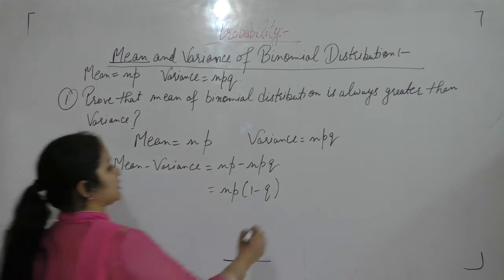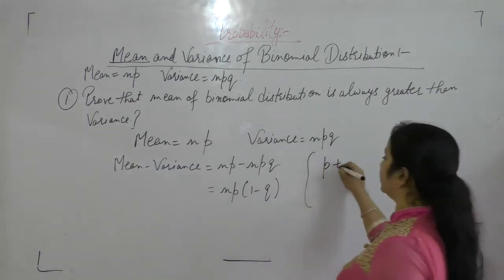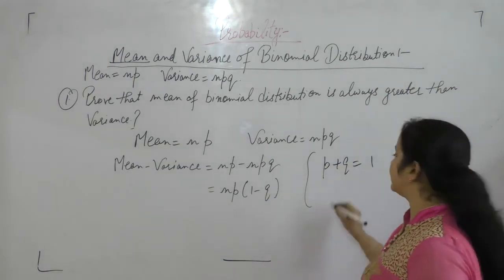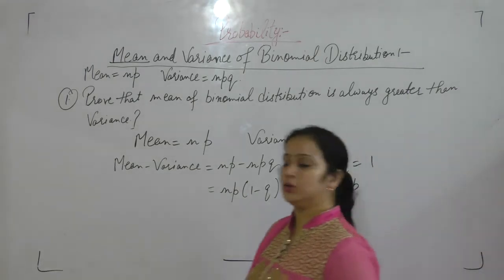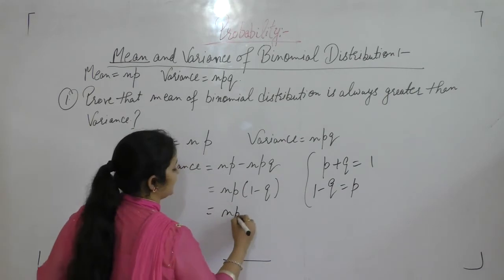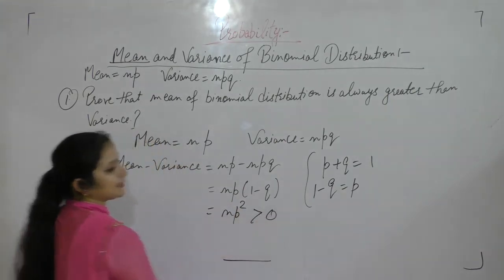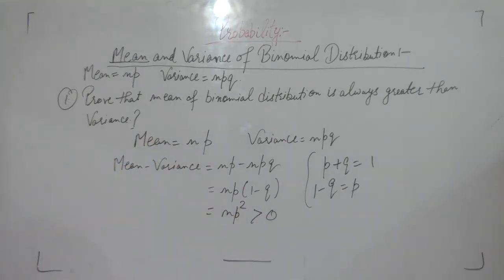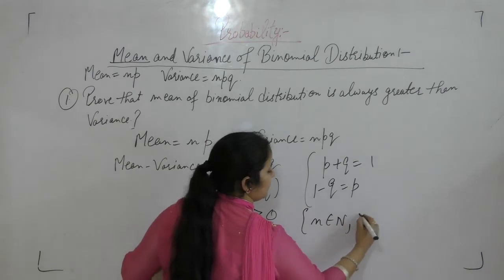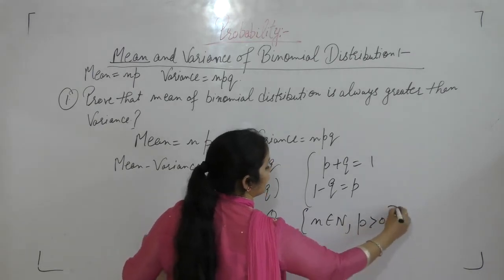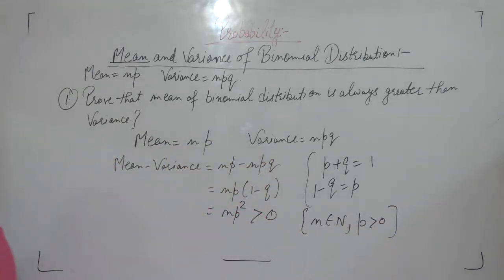We know p plus q is equal to 1, total probability is always 1. So 1 minus q is equal to p, and np square is greater than 0 because n belongs to natural numbers, greater than 0, and p probability is always greater than 0.